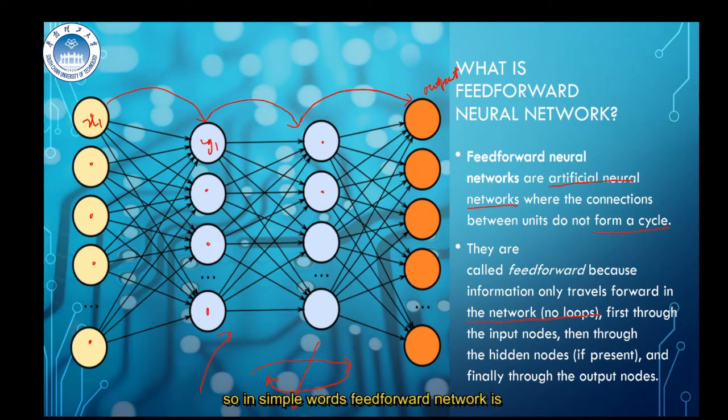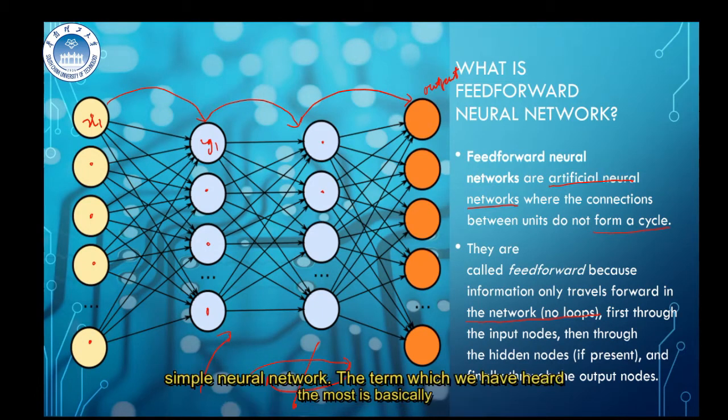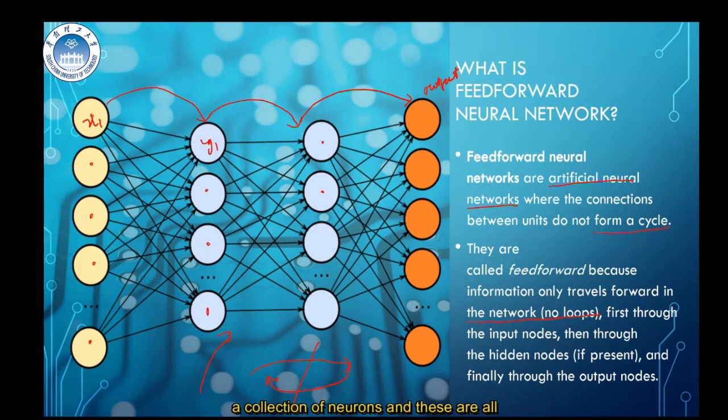So in simple words, a feed-forward network is a simple neural network, a collection of neurons. These are all neurons: x1, x2, x3, x4, and xn.